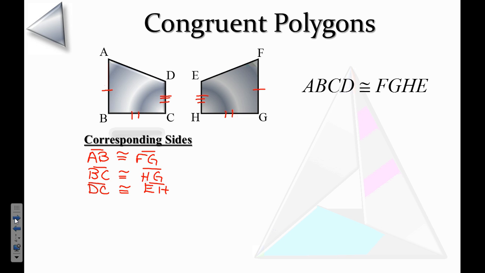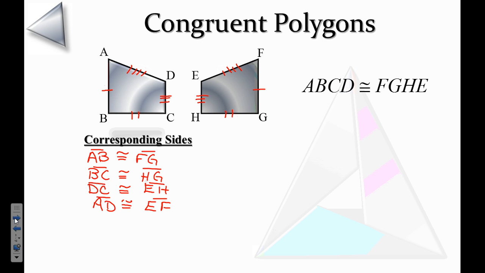And finally, our last side, AD congruent to EF or FE, depending on how you write it. Okay. So all 4 corresponding sides are congruent to 4 corresponding sides.